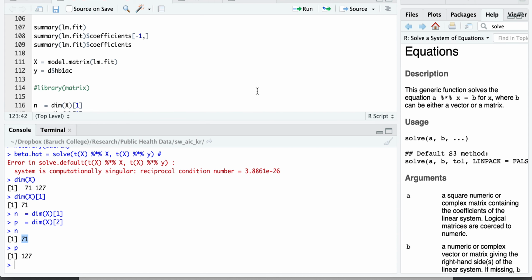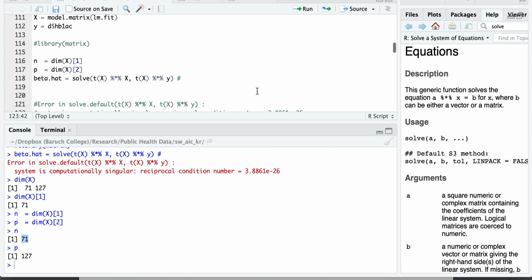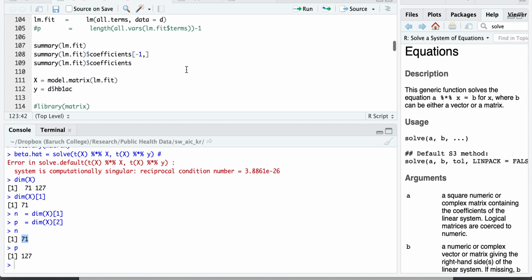Now, let's just change this X. Let's say we just take the first 10 columns, all the rows, columns 1 to 10.